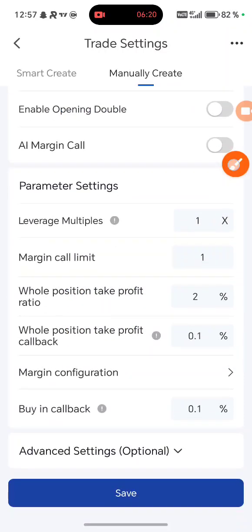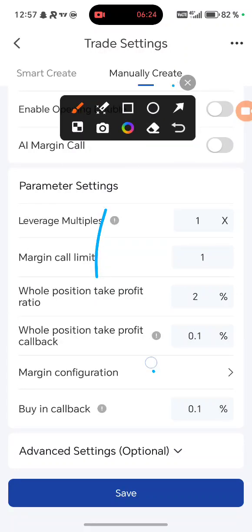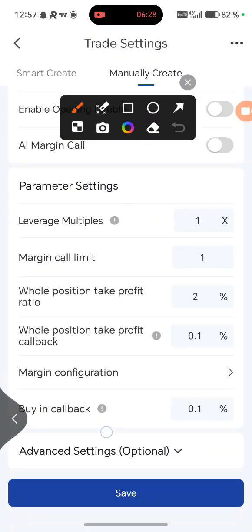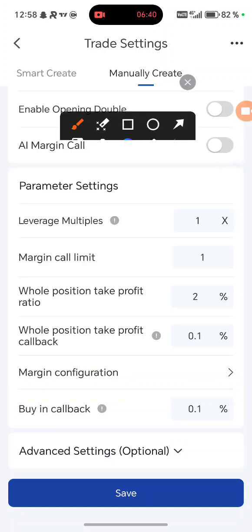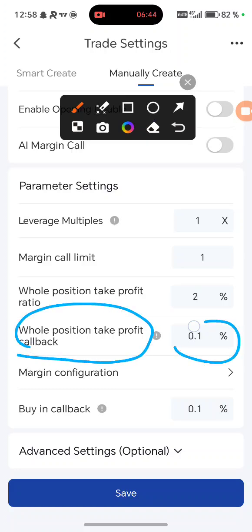Now, the buy in call back. This is where the miracle and the magic operates. You see, I put 0.1 here. Sorry, I mean this part, the whole position take profit call back. You see, I put 0.1.